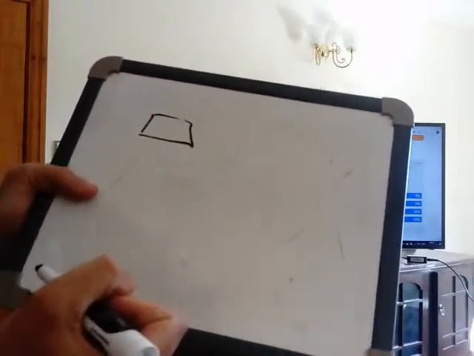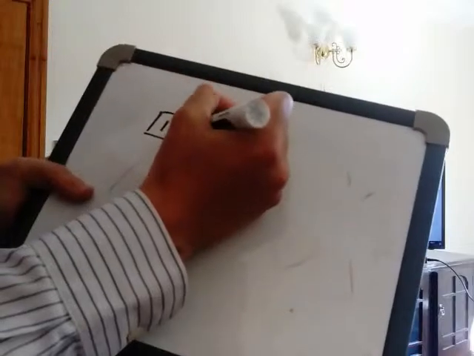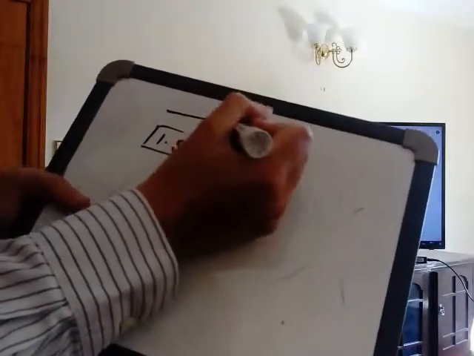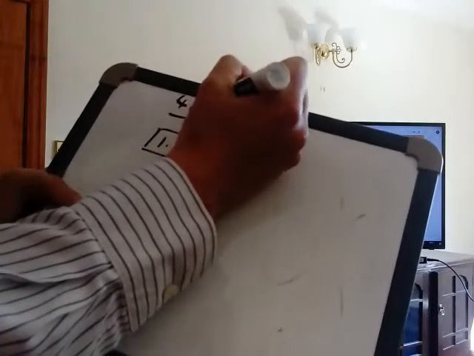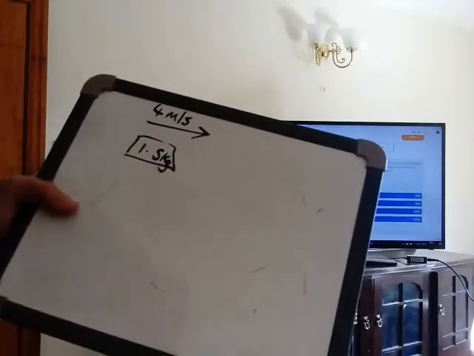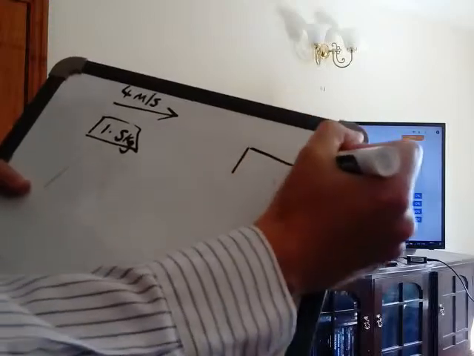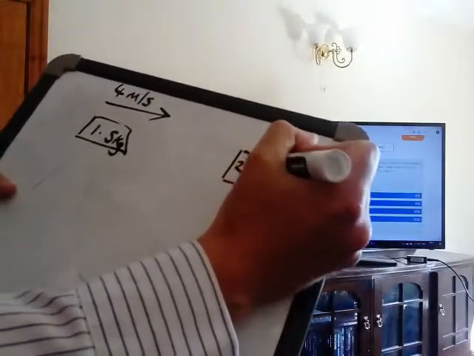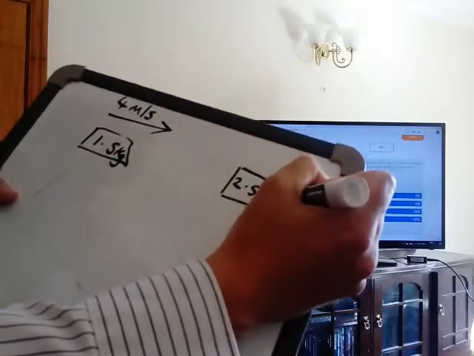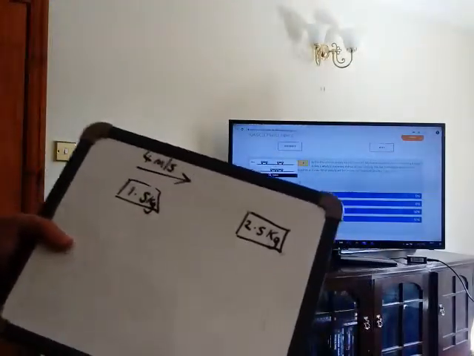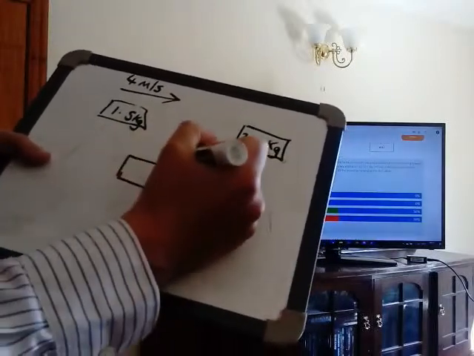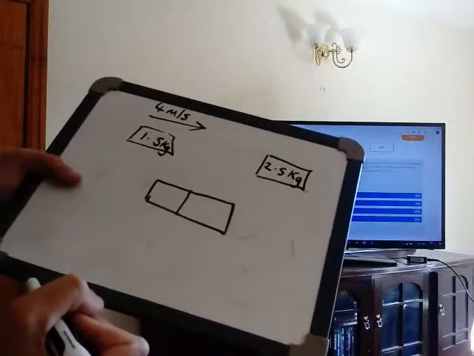So cart A had a mass of 1.5 kg, and it was traveling at 4 meters per second. Cart B was stationary, and it had a mass of 2.5 kilograms. That was the before picture, and we were told that in the after picture, these 2 carts moved off together, cart A and cart B.